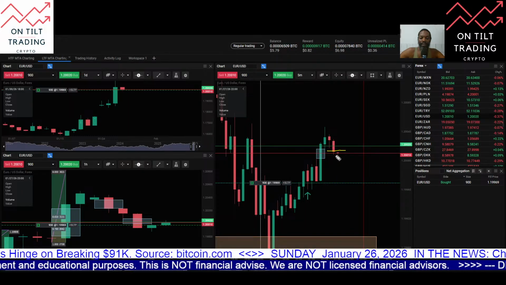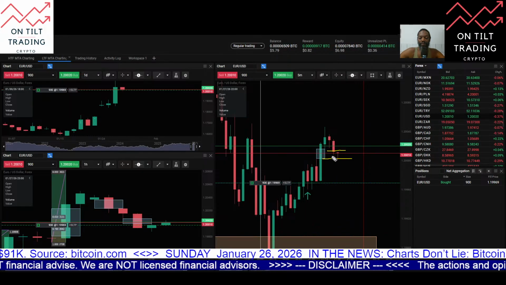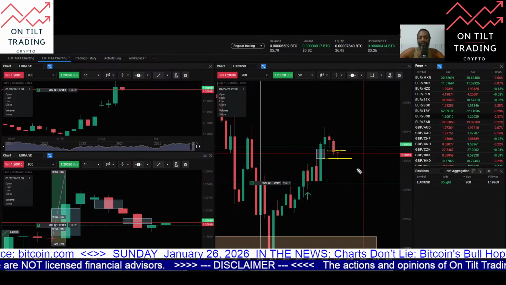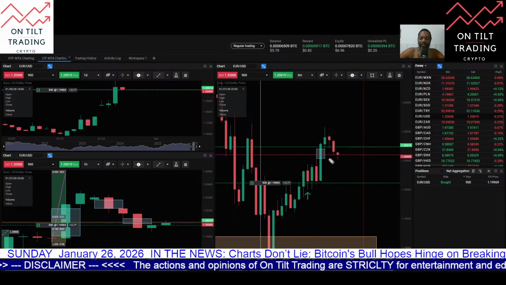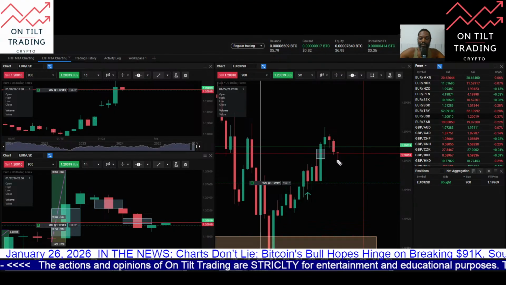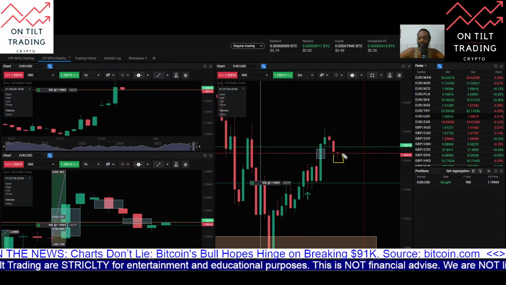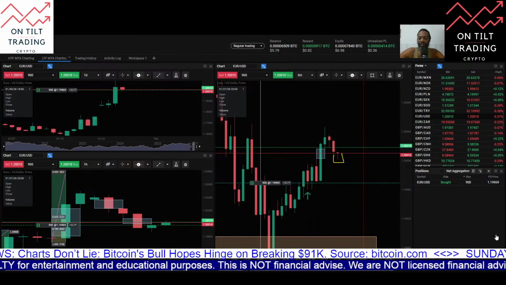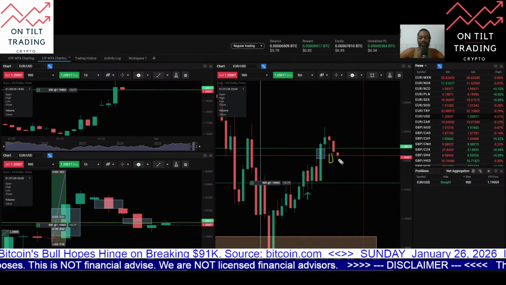So there's going to be a higher probability that price can go below this order block, or go below this fair value gap. We'll see what this candle does. But ideally, not wanting to see a body candle close below the order block would be ideal.